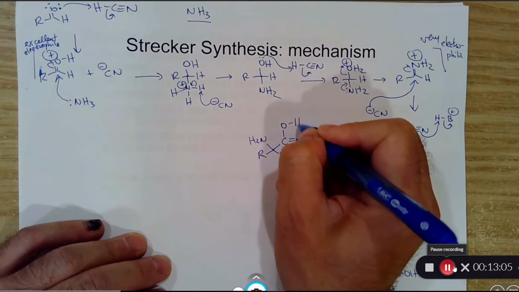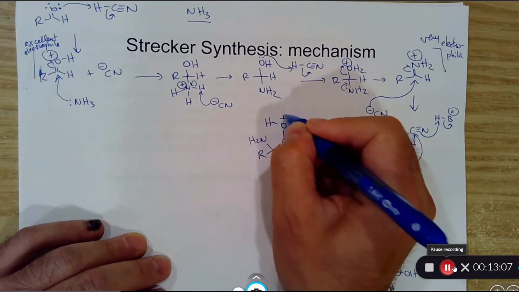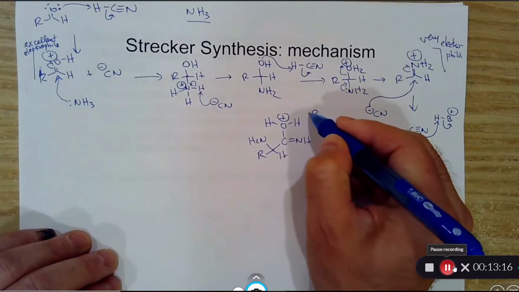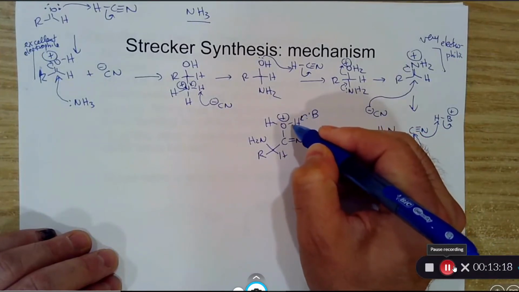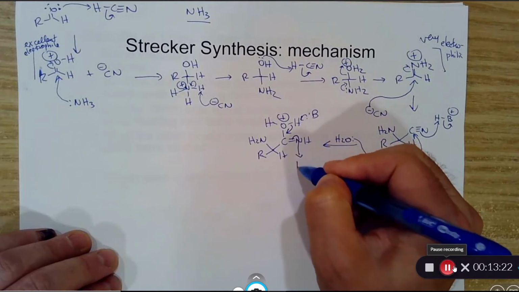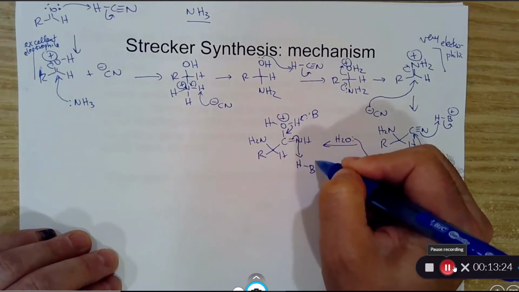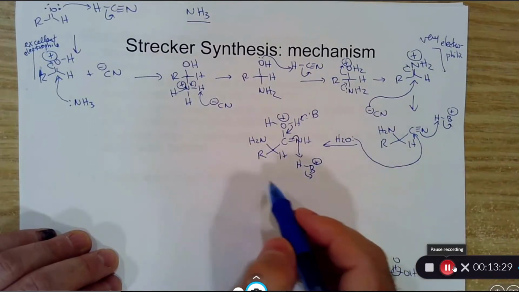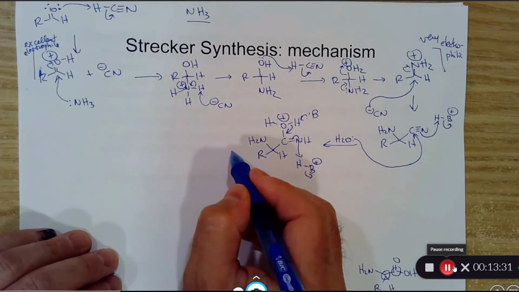And what we are going to have is the addition of one water molecule to this construct here. Now, at this stage, we're going to take a base, remove this proton, form a double bond, and then this is going to pick up a proton from the conjugate acid of the base that just picked up the proton.